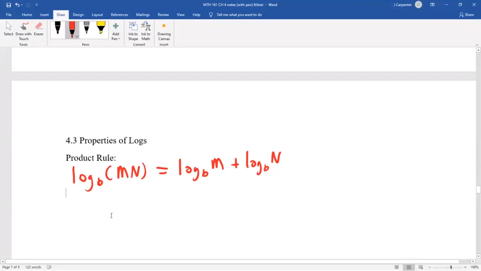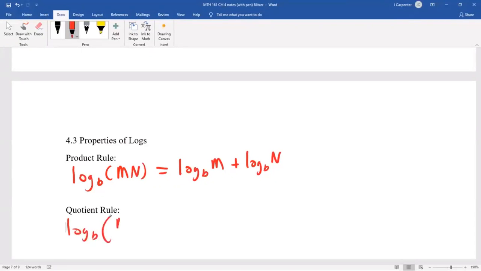Next up, we have the quotient rule. And this one follows completely logically, or logarithmically if you want a terrible pun, from the product rule. A product led to a sum, so guess what? A quotient, a division, ends up leading to a subtraction.